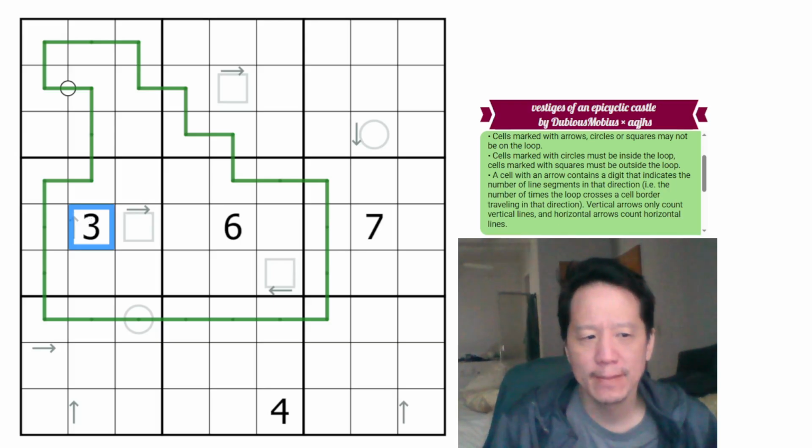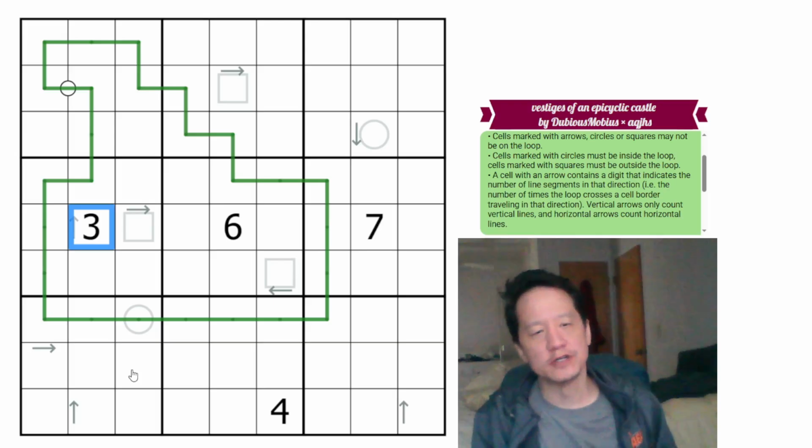Hold on, let me pause and see if there's a clarification on that. Okay, I understand what it is.